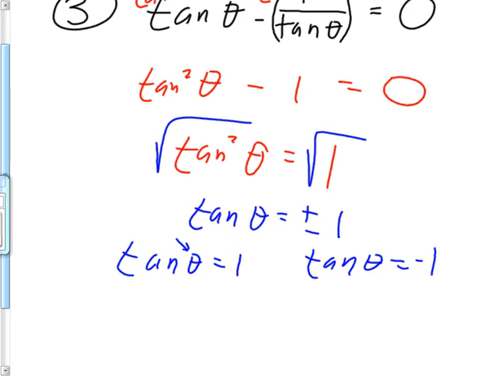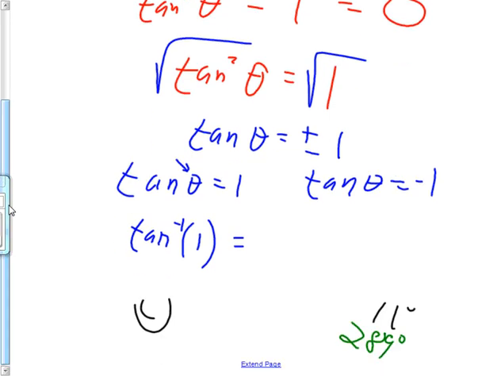Or I could say tangent inverse of 1 on my calculator. It'll tell me the degrees. And I think it's 45, isn't it? Okay. And then this over here, same thing, except once I know that it's 45, it's really all about 45s, but they're in different places.